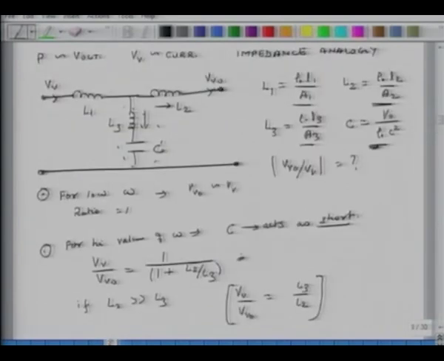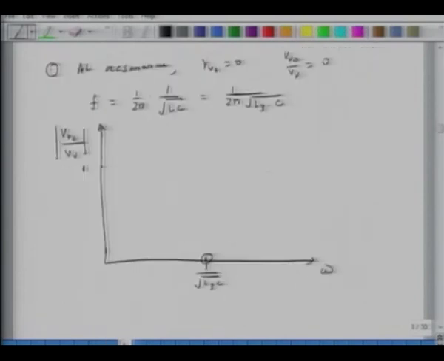And for this condition, if L2 is very large compared to L3, the asymptotic value of V naught over V will be L3 over L2.